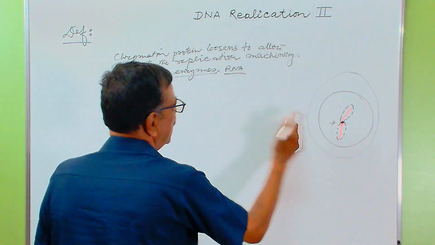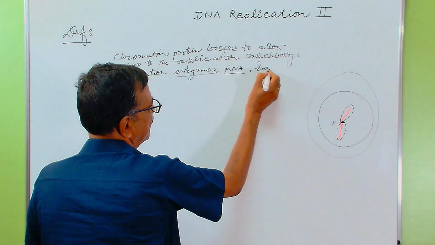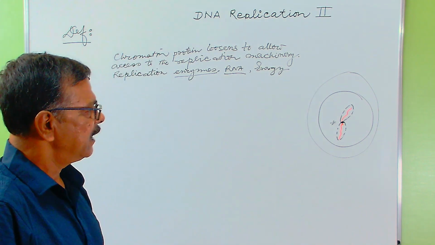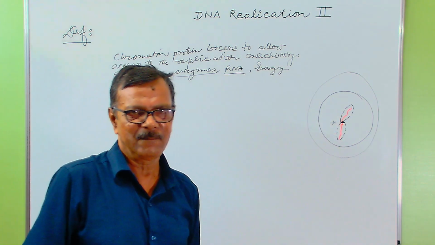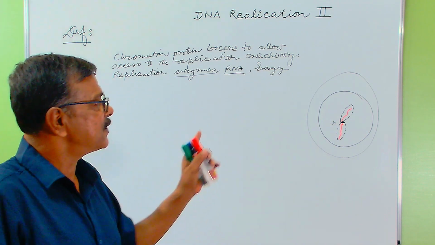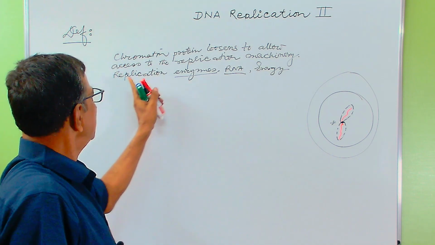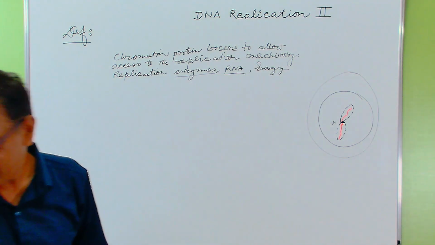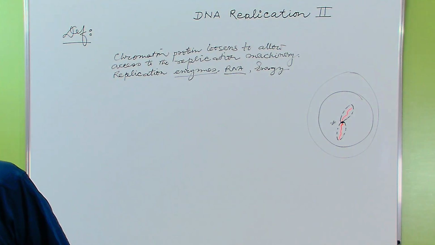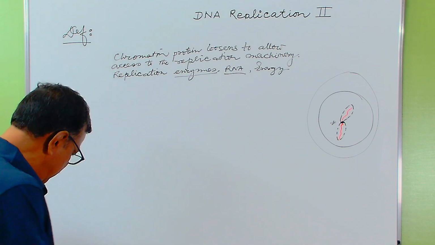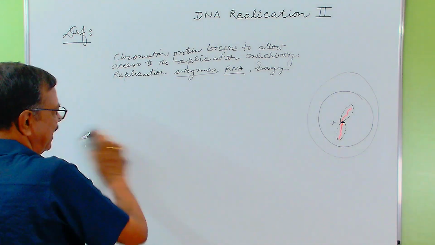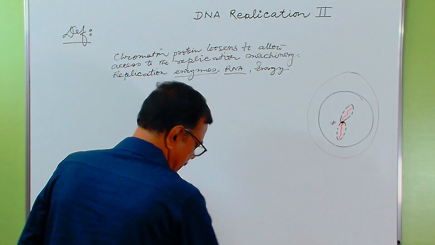And for doing this work, some energy is required, because without energy, how will the labor do this work? So to enter the replication machinery, they first allow access. First of all, we will go for the energy.